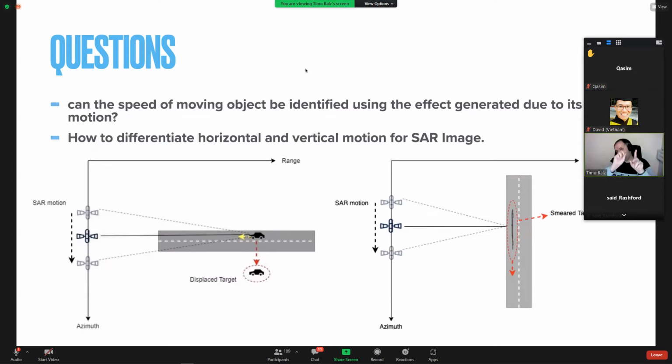Now I have to say, the second question on the horizontal and vertical motion may be more related to InSAR and the surface motion. In that case, to the person who asked that question, we will come to that in much more detail during the course, okay?